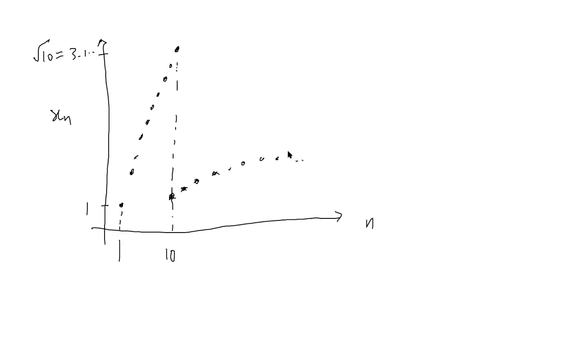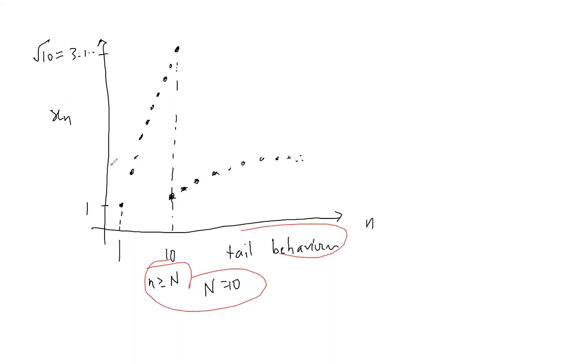So clearly for this sequence, if you look at the tail behavior first, there is some n greater than the threshold N. In this case, your threshold is 10. For the tail, if I use an epsilon of 0.5, where the convergence is to 1.5, then epsilon of 0.5 means your bound is here: 1.5 plus 0.5 goes to 2, and 1.5 minus 0.5 goes to 1.